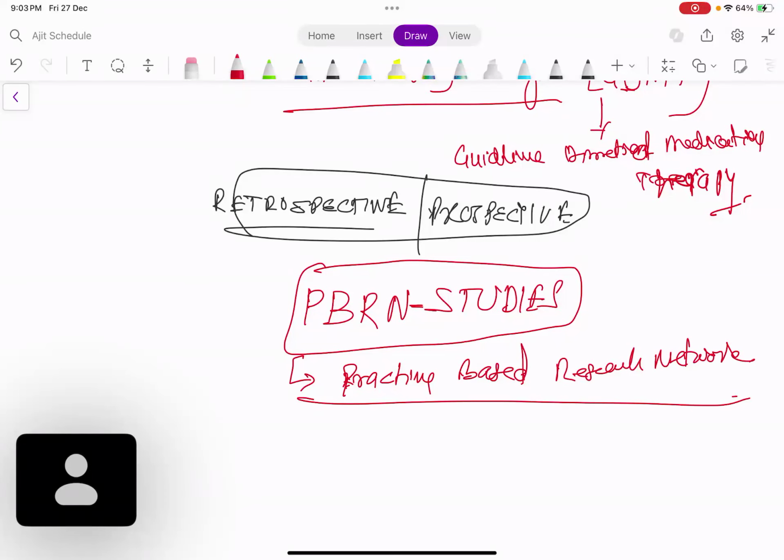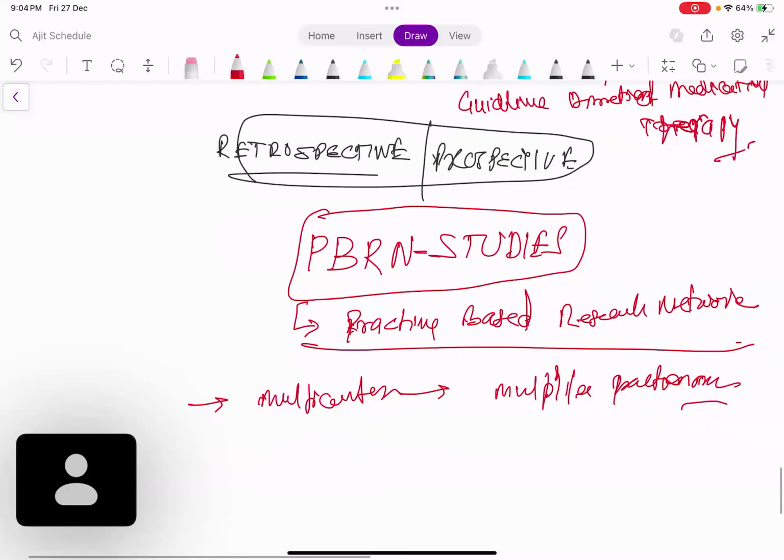First of all, this will not be only one center; it will be a multi-center study. When we talk about multi-center, we are talking about multiple doctors, multiple practitioners and their practice habits. We are going to talk about practice habits of multiple people.